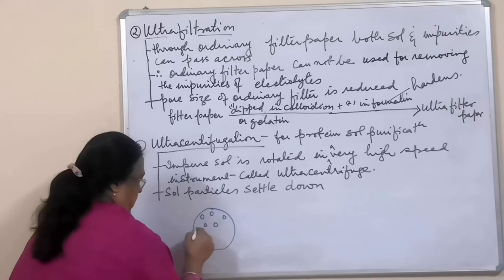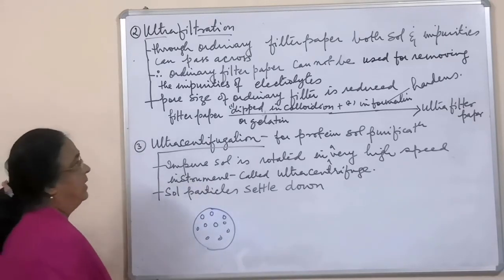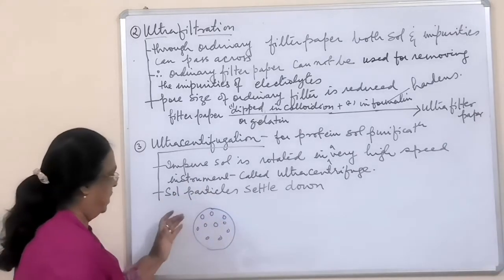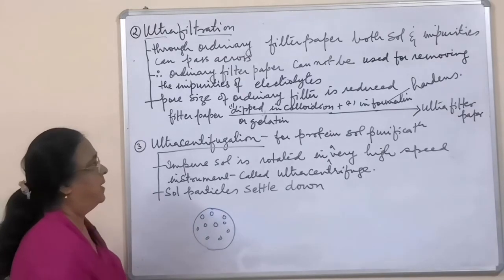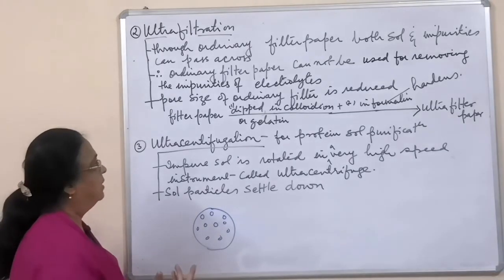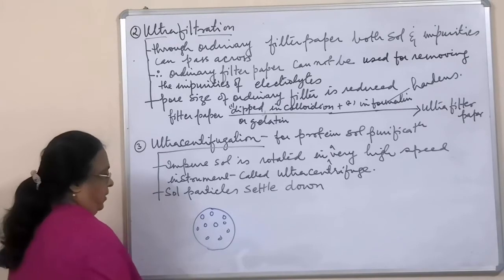These pores are very big, and will not retain the particles, and will not remove either the electrolyte particles or the colloidal ones. So both the true solution particles and the colloidal particles will pass across this, so filtration is not possible.